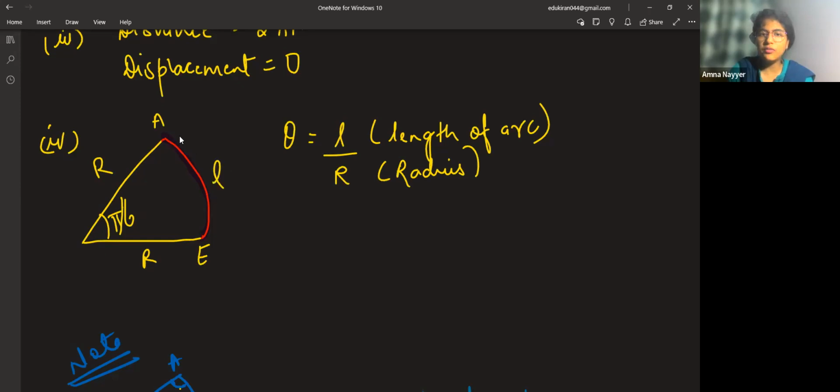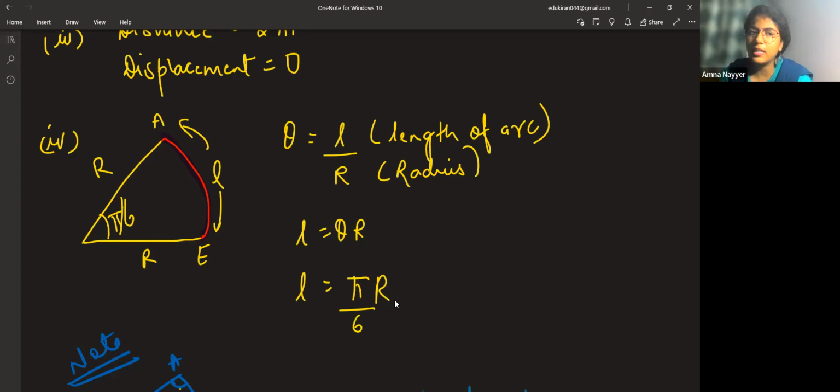We need this length of arc. This is L, this is the radius and this is theta. So length will be theta into r. So length becomes pi by 6 multiplied by r. That's it. You have your distance with you, right? This is our distance. Is it clear?